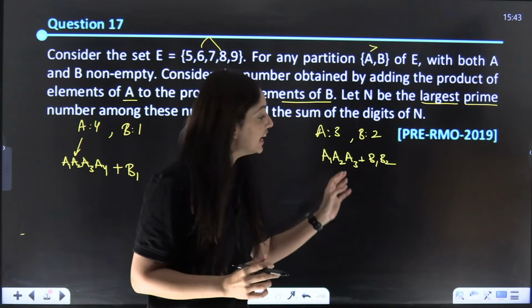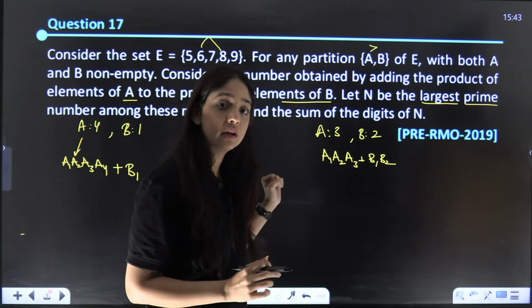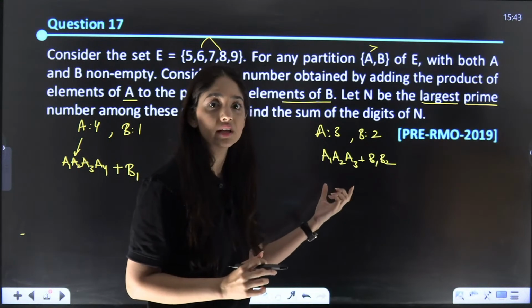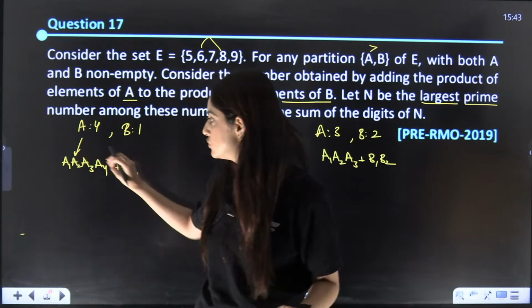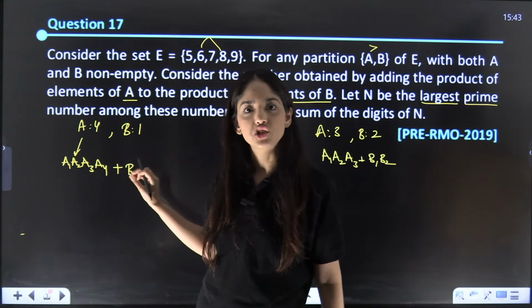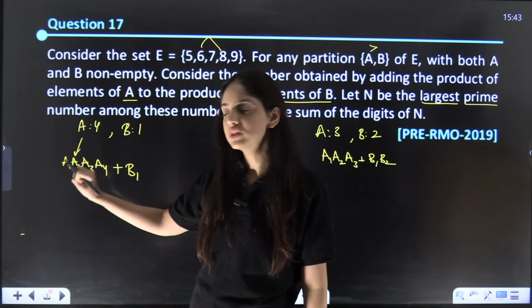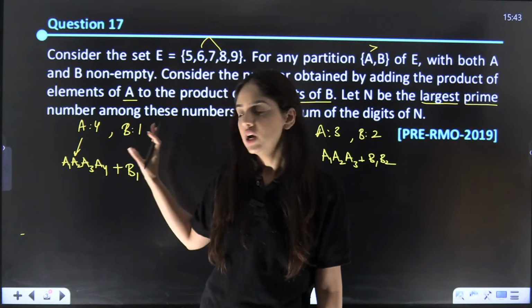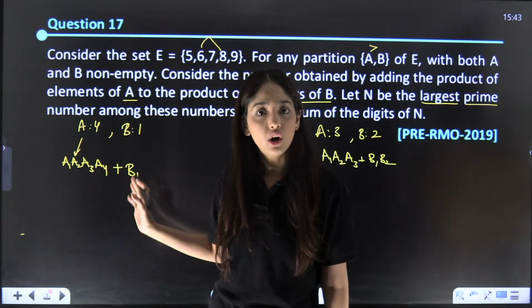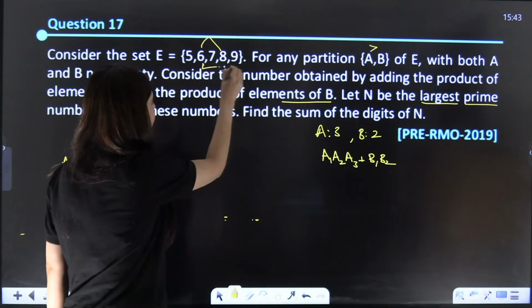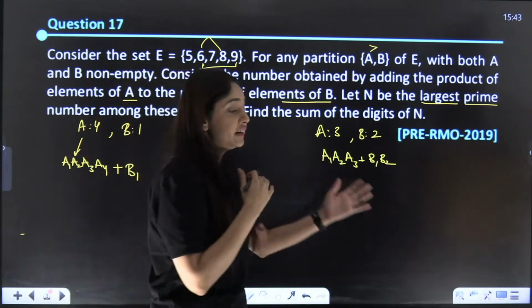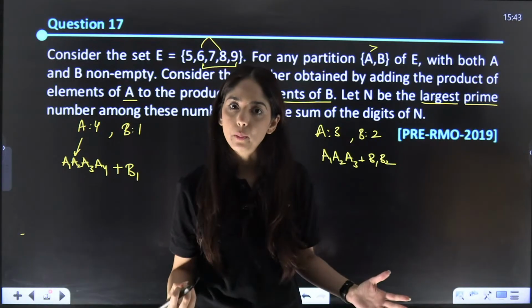But in that case, we can take 2 common out of both of these products and the resulting number will be an even number. Even in this case, if 6 and 8 are in different partitions, then we can take 2 common out of those, and that is why the resulting number will not be a prime number. Now similarly 6 and 9, if they are in different partitions, we can take 3 common out of those.